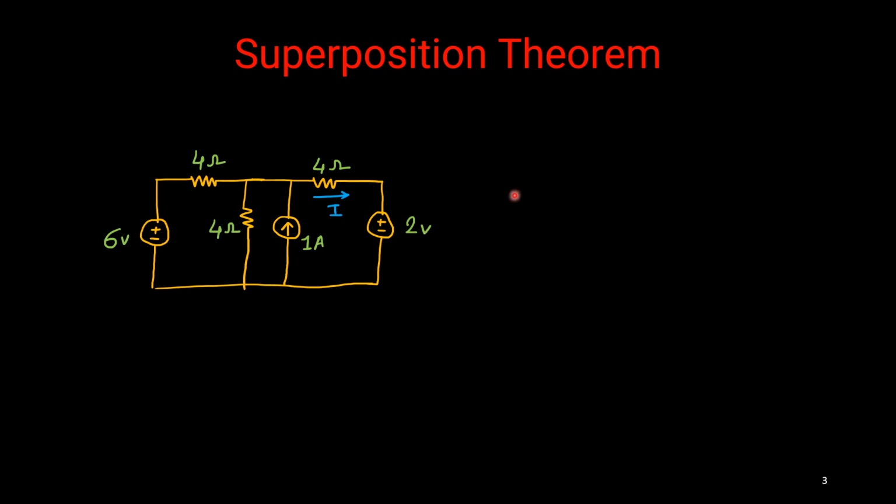So this is important. You have to select one source at a time, right? As we are having these three sources, we will select this one. We can consider that the 6 volt source is acting, that we can consider as one case.